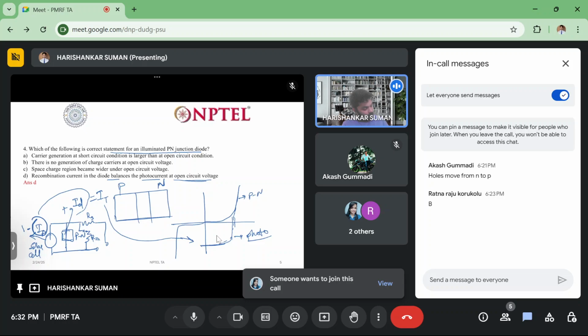That's why this is shifted to the negative side too much. This is VOC at JSC, short circuit current. This is VOC, open circuit voltage. Okay, so recombination current in the diode balances the photocurrent. Diode current balances the photocurrent.